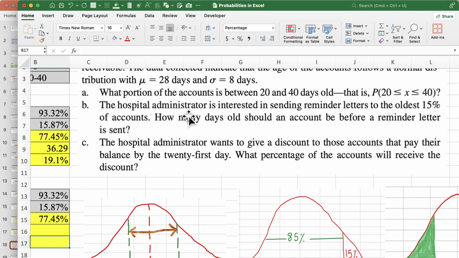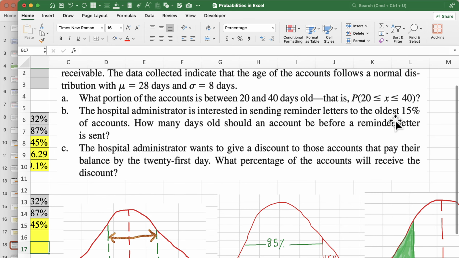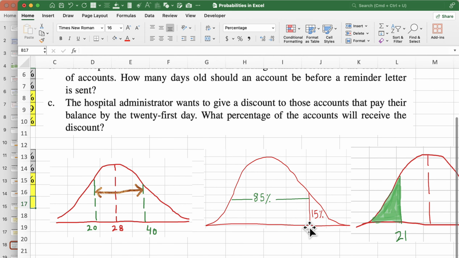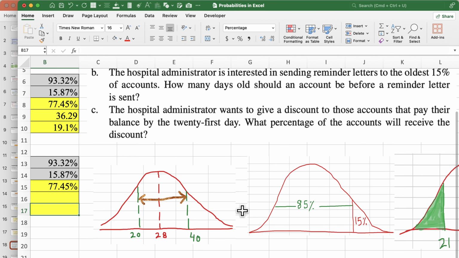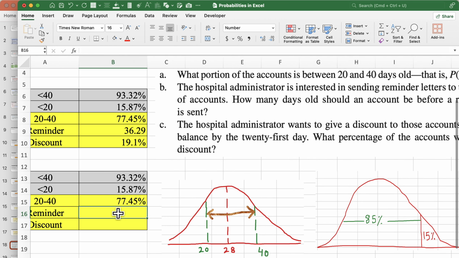Then the question is how many days old should an account be before a reminder letter is sent? So in other words, what should be the number of days here, if it qualifies to fall in the oldest 15%? For this we can use the NORM.INV formula, because in this case we have been given probability. We are not going to calculate probability because probability is already given.